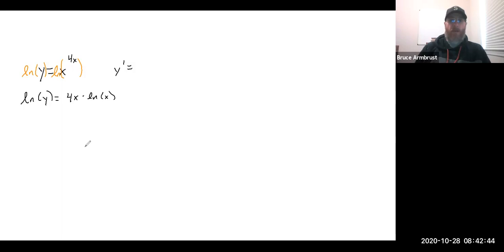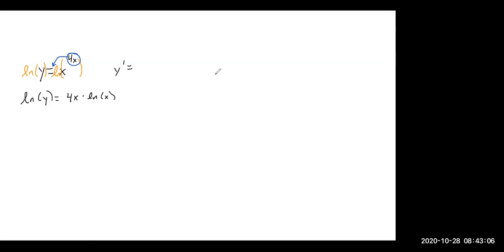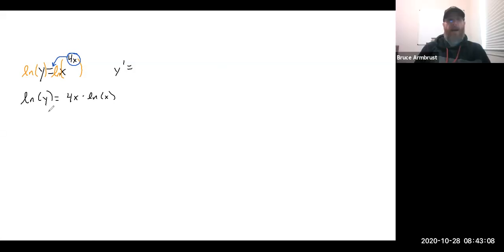So the rule that we use there was the power rule of logs, right? That an exponent comes out front as a multiple. All right, so how are we at this point? So far, so good? Yeah. All right, so now let's differentiate both sides.